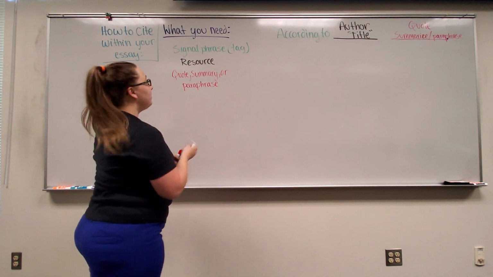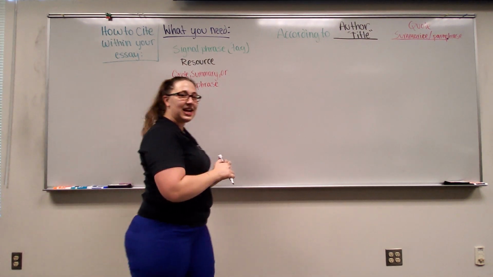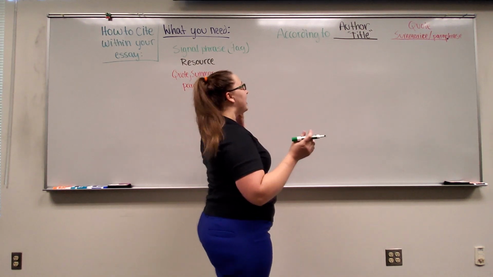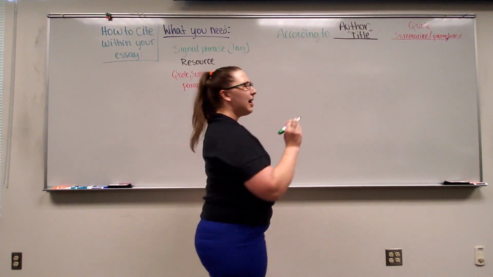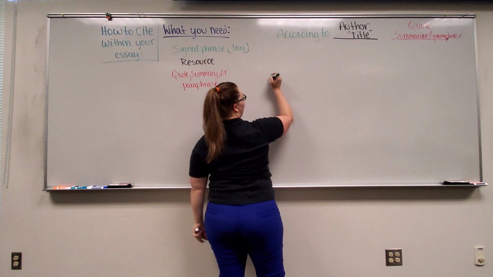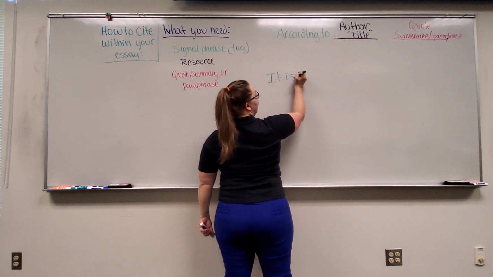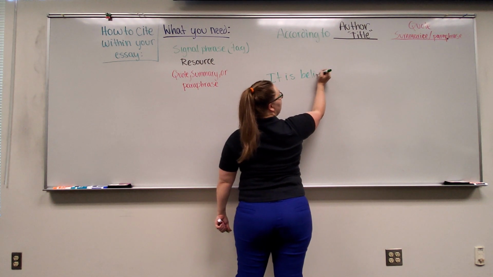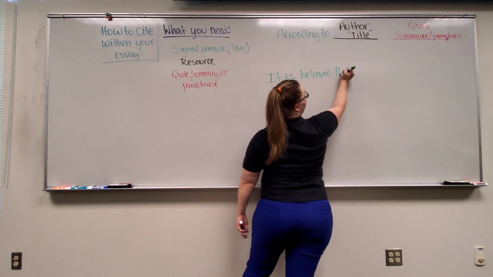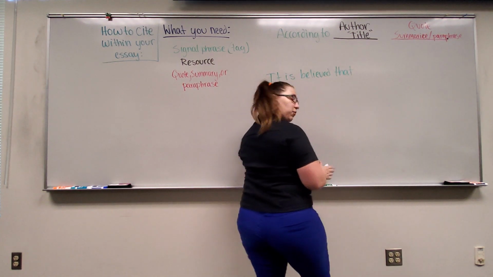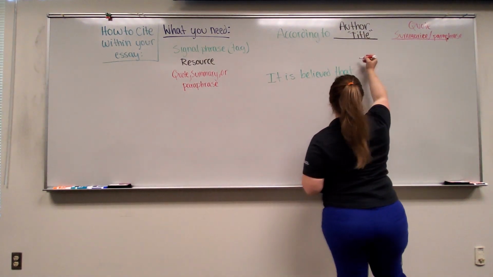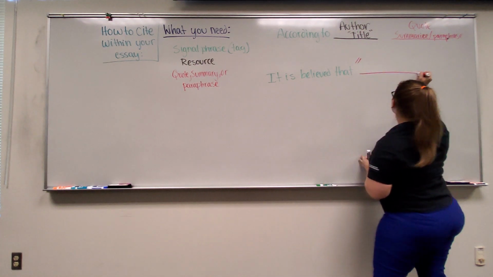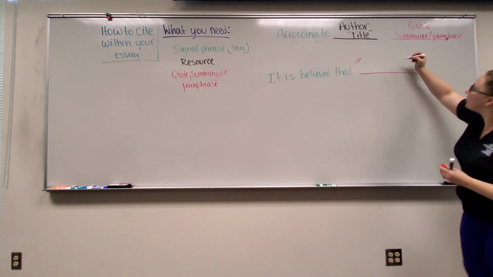So, well, a signal phrase. Now, when it comes to your signal phrase, instead of saying according to, maybe you say something more like, it is believed that, and then whatever is believed is what you quote. And then close quotes.